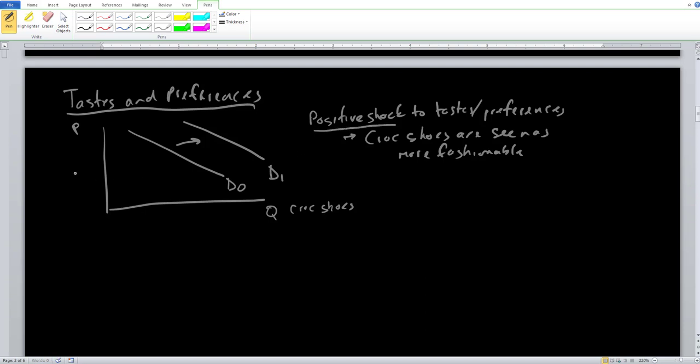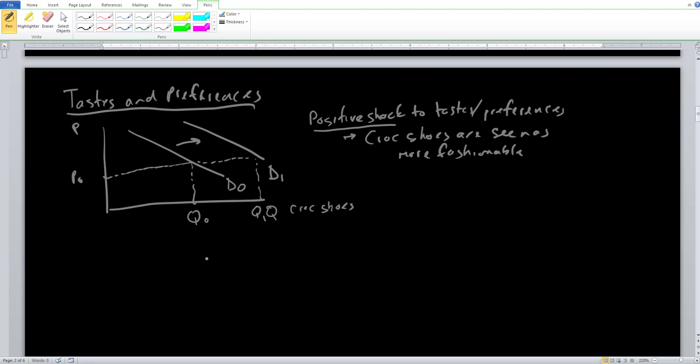So with all of this, we notice that at a price of P0, our quantity demanded is going to be much higher. We end up on an entirely new demand curve. At a price of P0, we end up at a quantity of Q0 before, and now a quantity of Q1 in this instance.